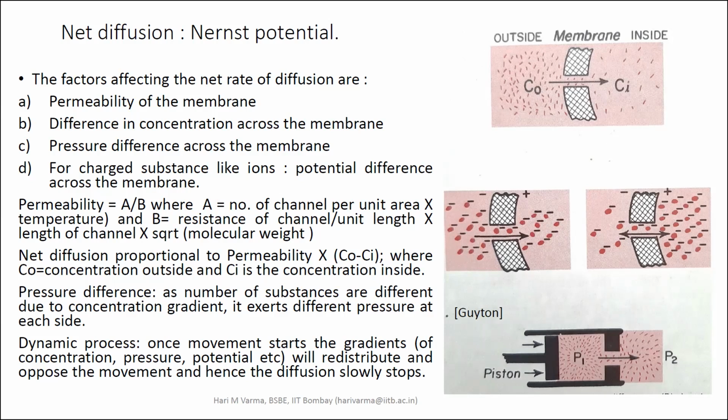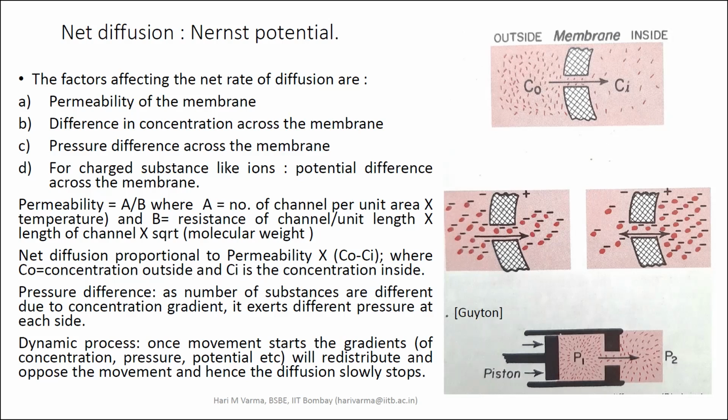Another important thing is the potential difference. See, the materials being transported, like sodium, potassium, etc., are charged particles. Suppose we are not talking about charged particles, but just inert, neutral materials which don't have any charge.